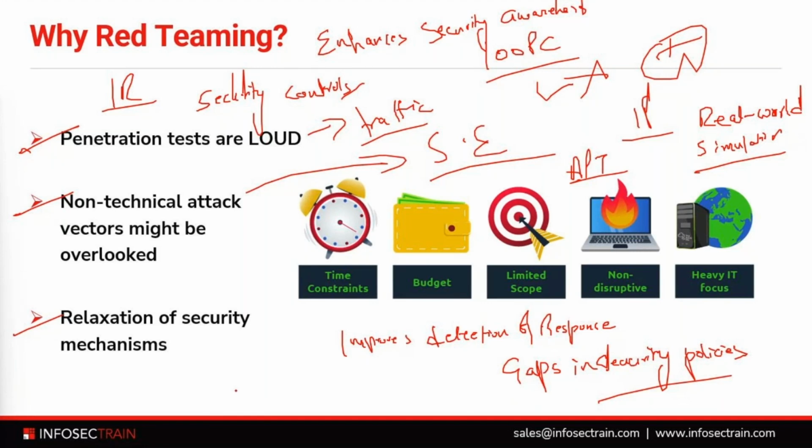Whatever insights come from red team activities can inform and improve the organization's overall cybersecurity strategy, right? And it promotes a proactive security culture. It fosters a culture of continuous improvement and vigilance within the organization, right?